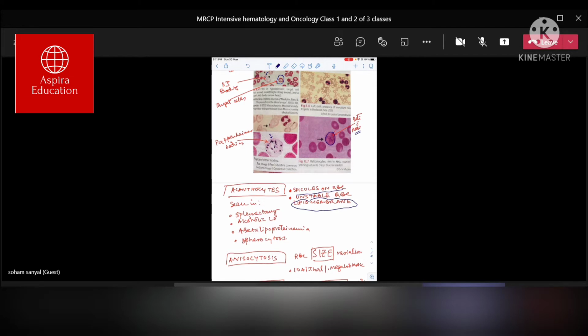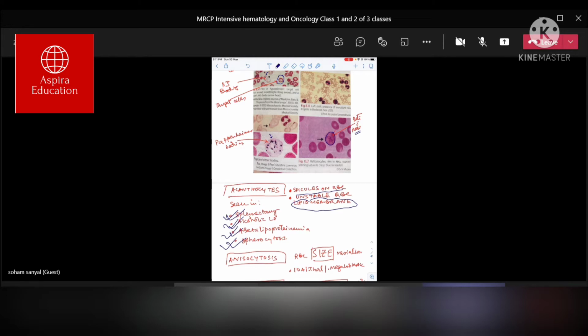Either there is a certain physical insult or a certain chemical insult. So acanthocytosis is basically seen in splenectomy, post-splenectomy status, alcoholic liver disease, abetalipoproteinemia, and hereditary spherocytosis. That is also basically a membrane disorder. So these are the major areas where acanthocytes are present.